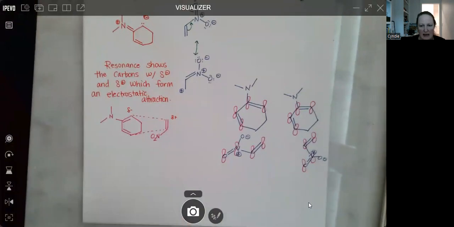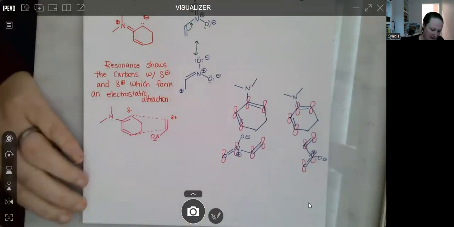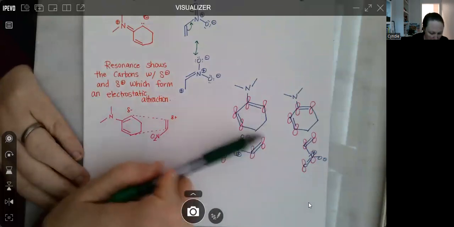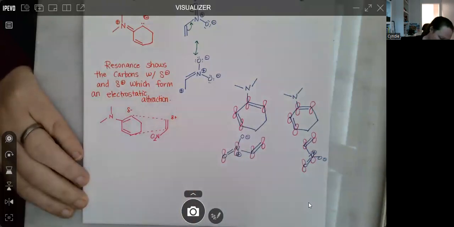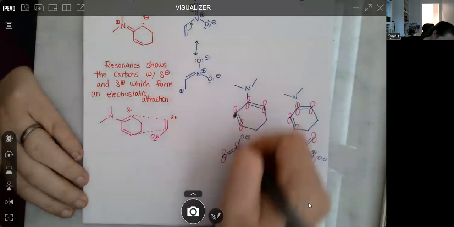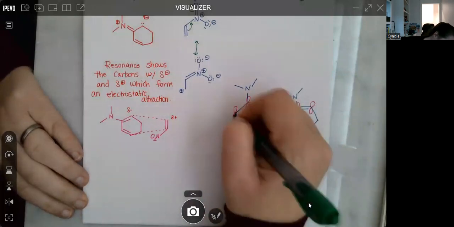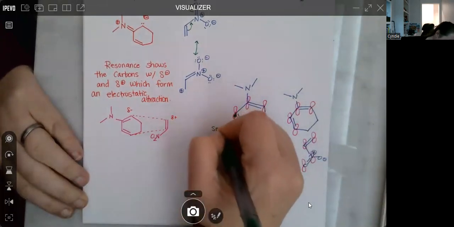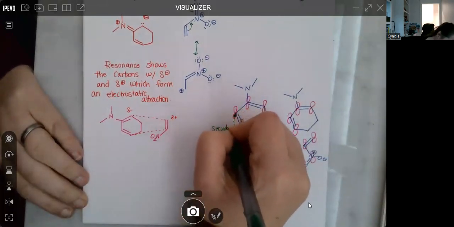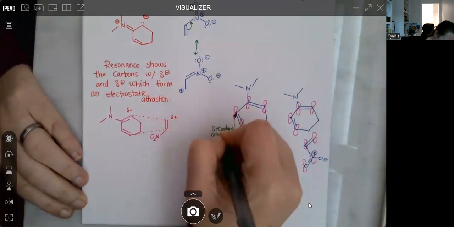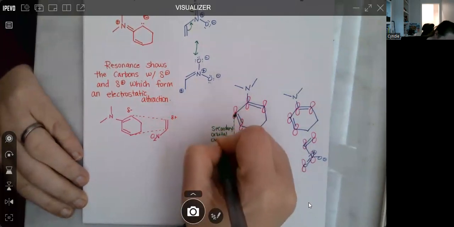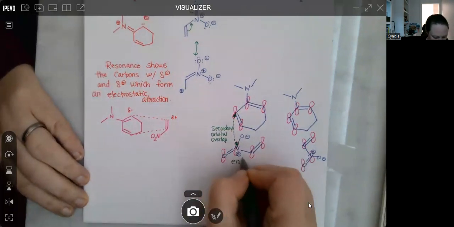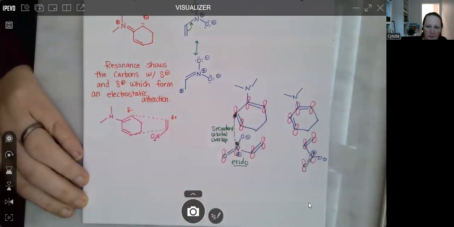So what we can say here is we'll have primary orbital overlap, right? And then here we would have what's called secondary orbital overlap, with the endo approach.